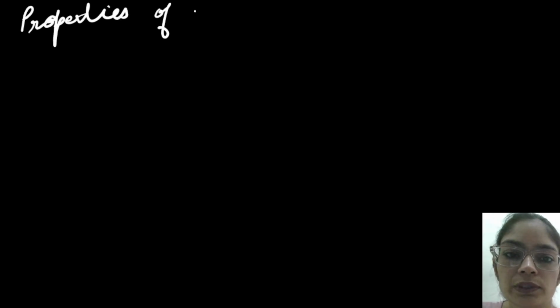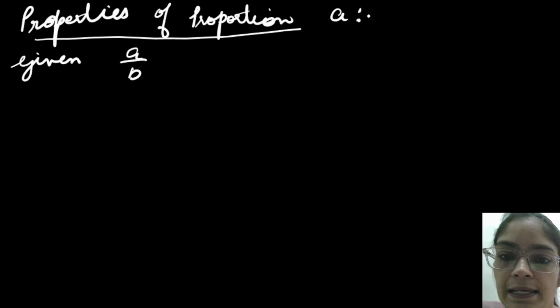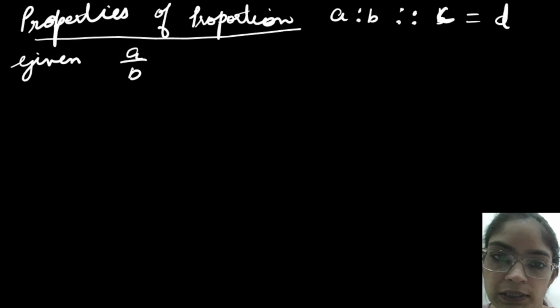Now let's discuss the properties of proportion. Properties of proportion are very important. We can apply properties of proportion only if this condition is given to us: A is to B is proportional to C is to D. In this case, we can apply properties of proportions.